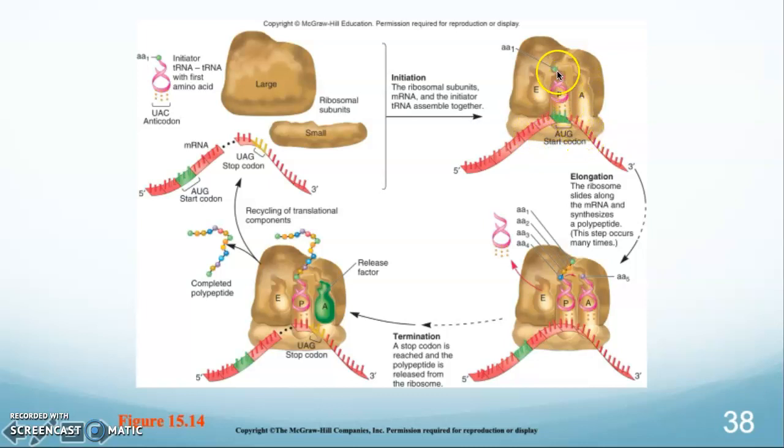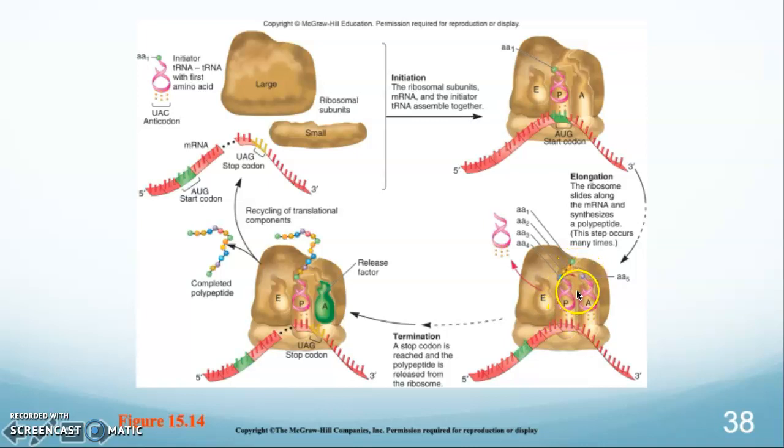Once it gets initiated and we start with that first tRNA, what can happen is that in the A site, the next tRNA with an anticodon for the next spot on the mRNA will come in that's complementary. We will see a transferring of the amino acid or amino acids here to this new amino acid.